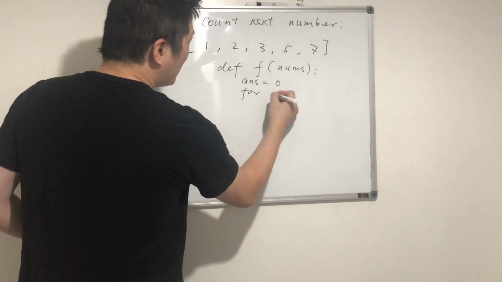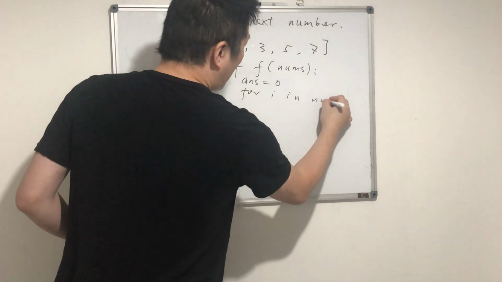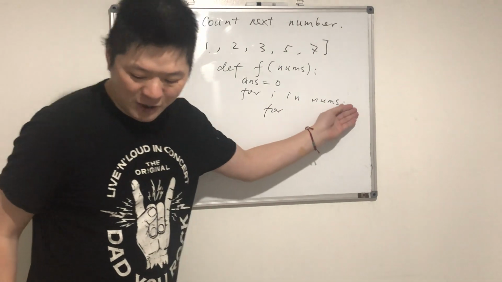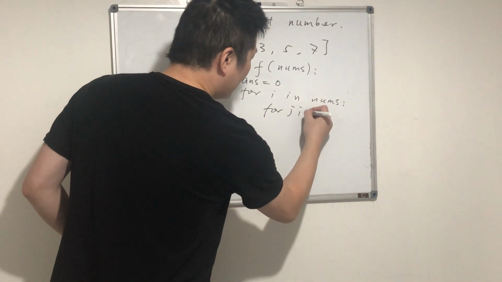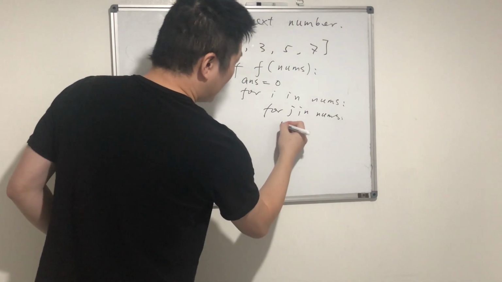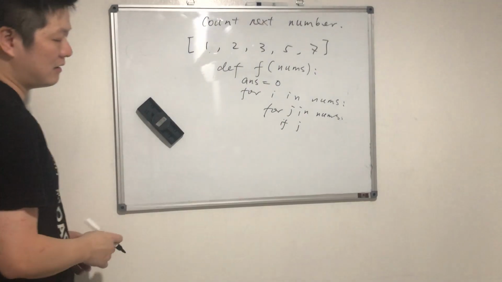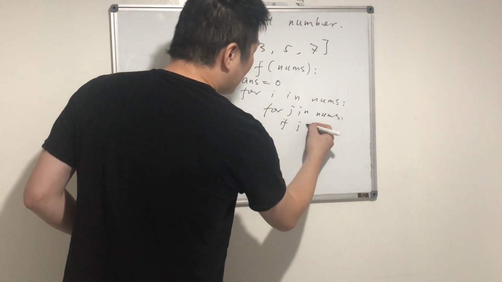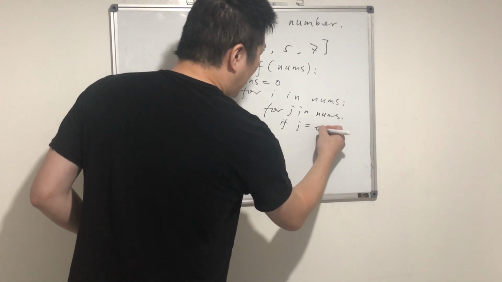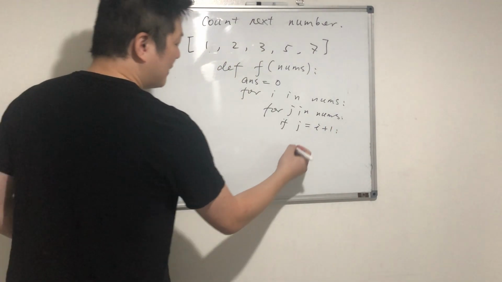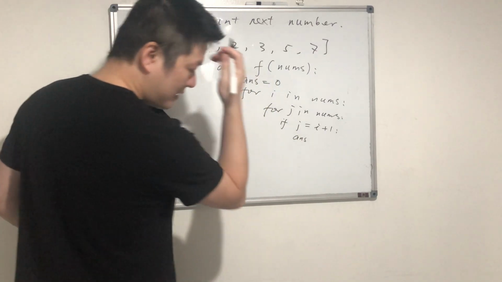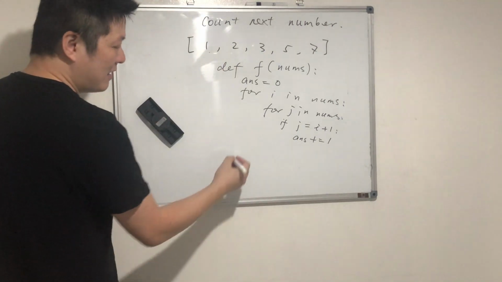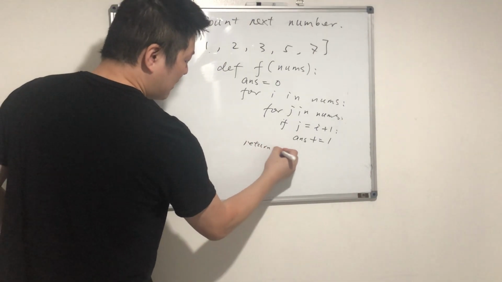For i in nums, we go through the numbers once, and then we need to go through them again. For j in nums, if j is equal to i plus 1, then add 1 to the answer. Then return the answer, right?